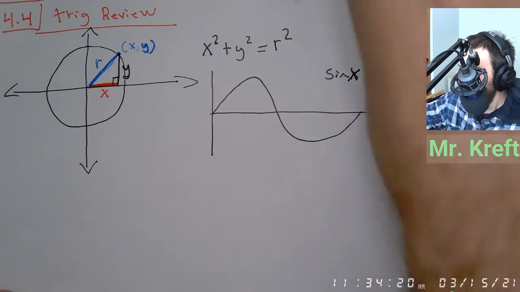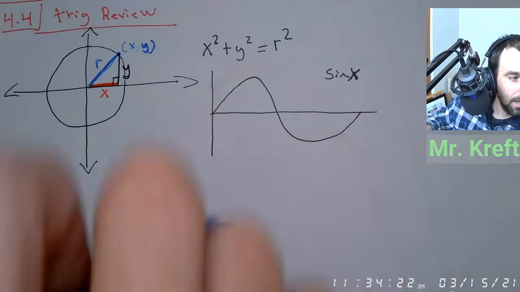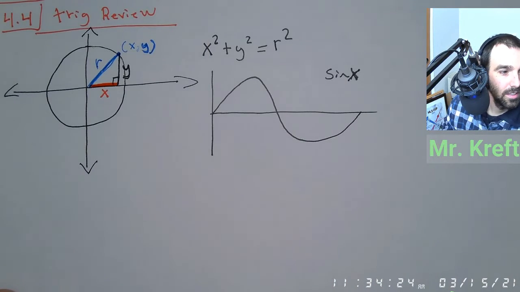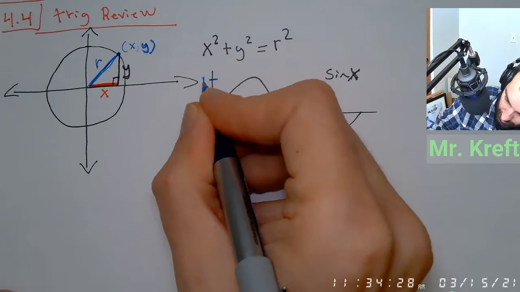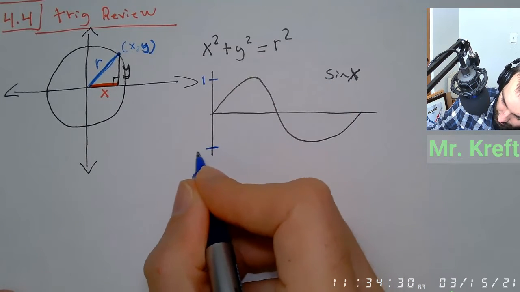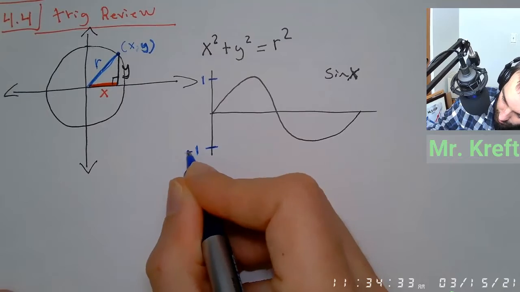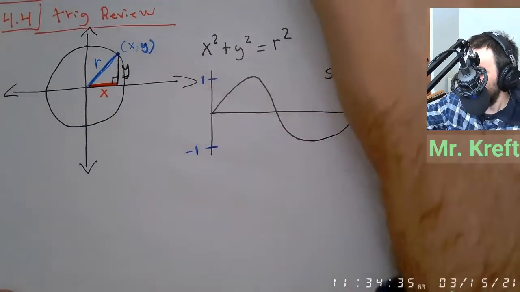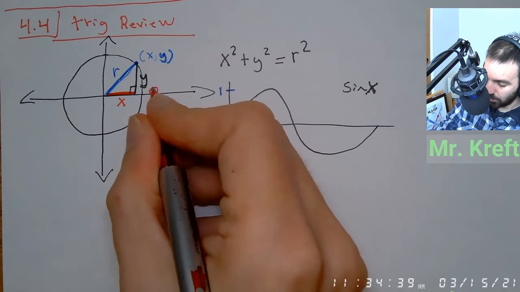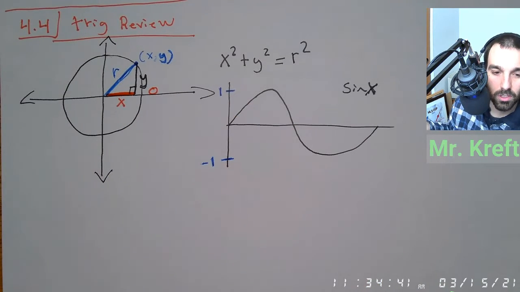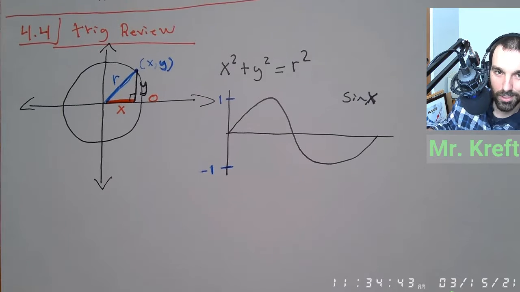Kind of cool. Okay, so a couple of things that we need to learn about. Sorry, I'm trying to sell it to you. Sine has a maximum of 1, since we're talking about a unit circle. It has a lower bound of -1. Then what are the key parts to a circle? Well, we have 0. And remember, we're going to be in radians, so we don't do this degree stuff.